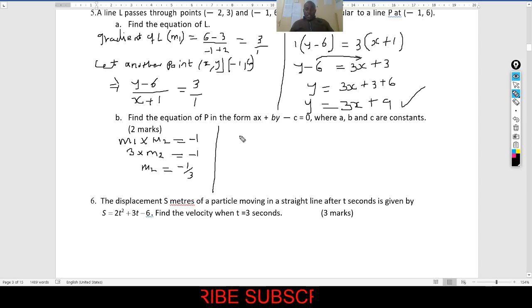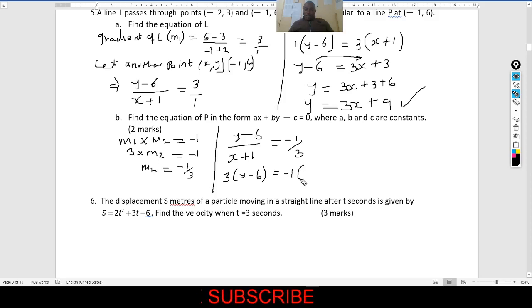So we will easily say y minus 6 all over x minus -1, which is x plus 1, equals -1 all over 3, because this is the gradient of line P. So we cross multiply: 3 into brackets y minus 6 equals -1 into x plus 1.